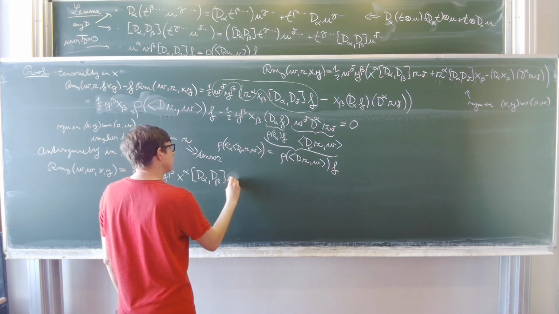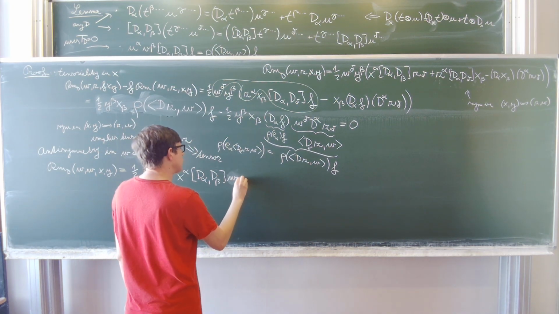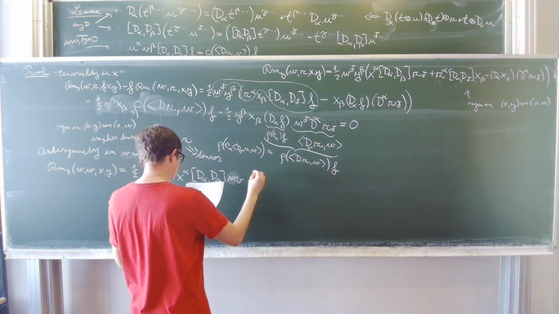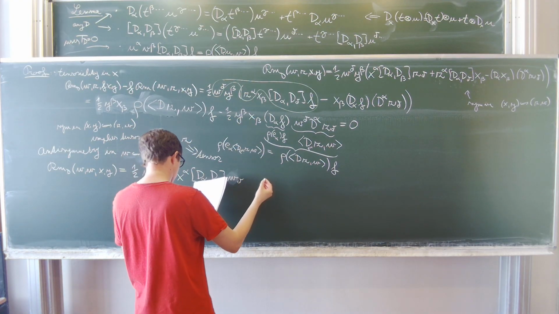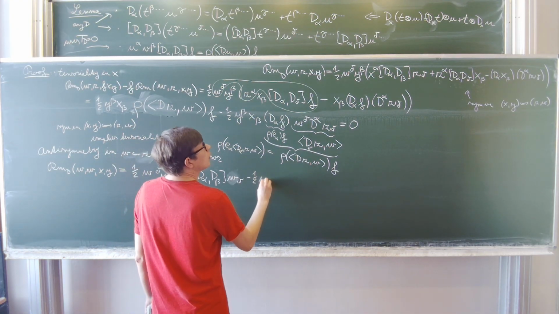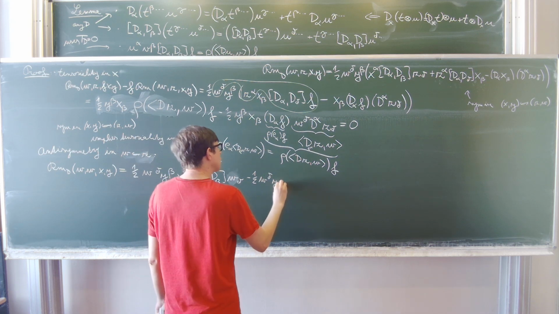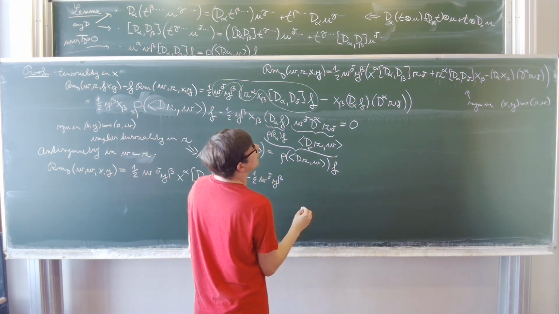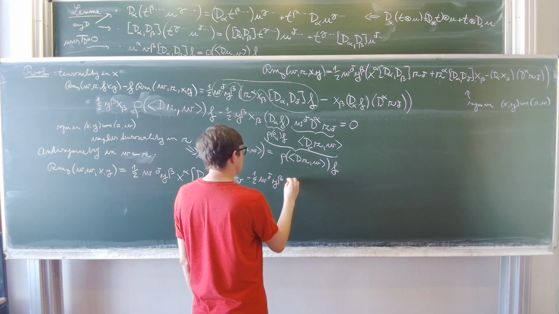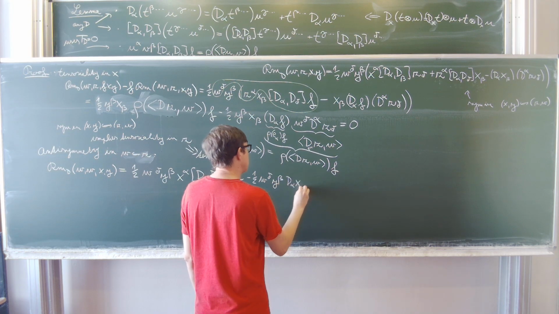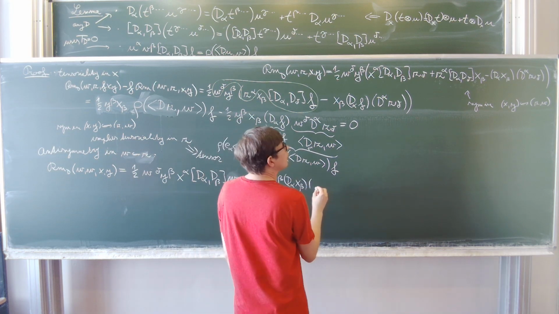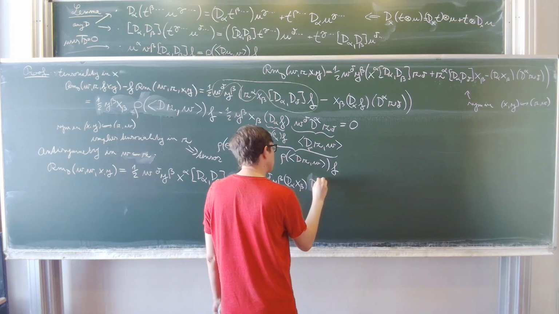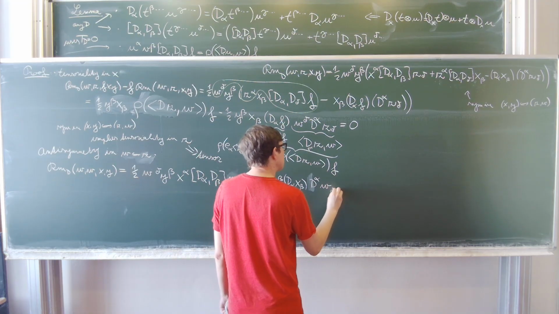We have d alpha x beta, and here we have d alpha delta.